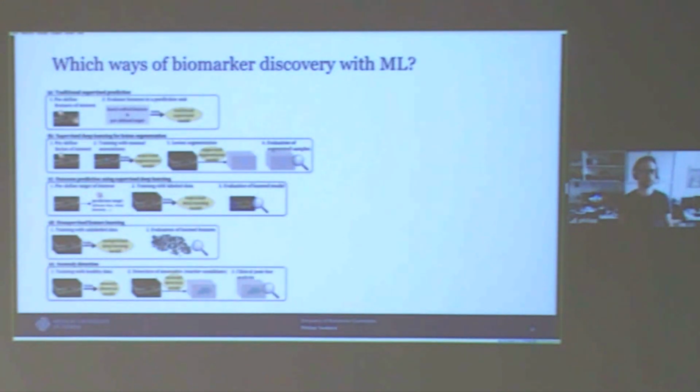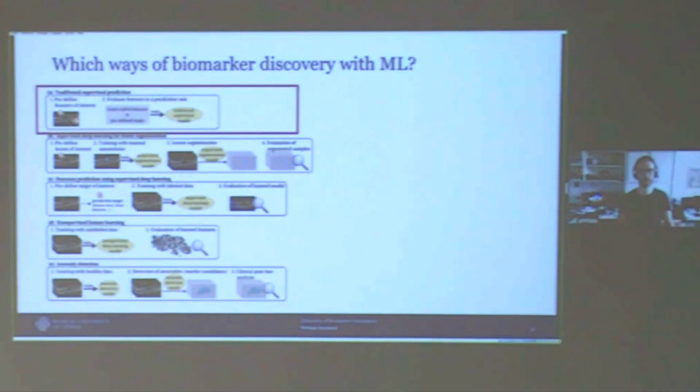So here is an overview of how we can perform this biomarker discovery. So 5 different strategies we came up with, and we'll go through them one by one. We will now refer to basic concepts, and then link them to how they're extended and applied in practice to discover biomarkers. So the first approach is to use traditional supervised prediction.